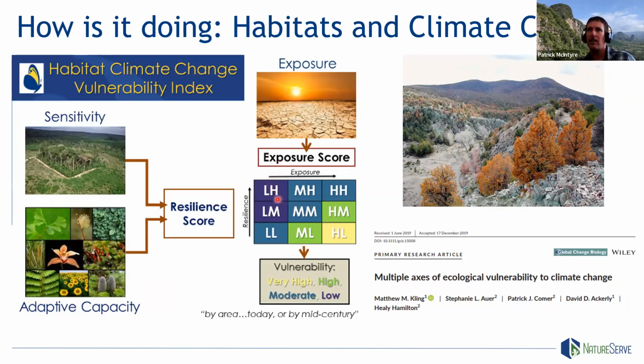So we'll try and categorize these, and is it at most risk here, where it's down here, where it has low resilience and high exposure, versus some of these other categories.